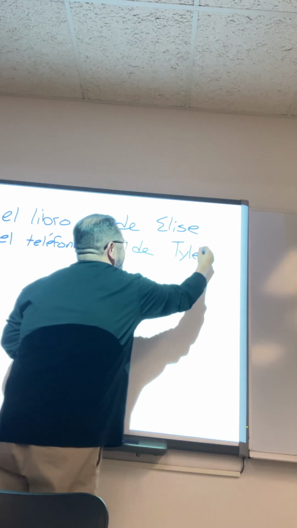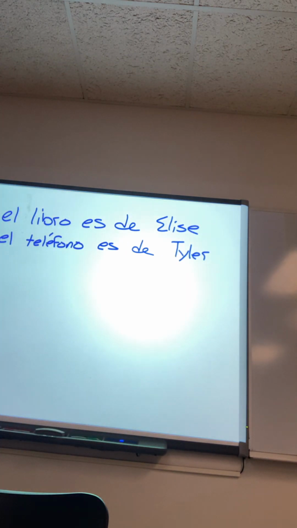Muy bien. This would be more if you're answering, whose phone is this? And Callista says, oh, el teléfono es de Tyler. That's Tyler's phone. So you're being a little bit more specific, a little bit more formal.